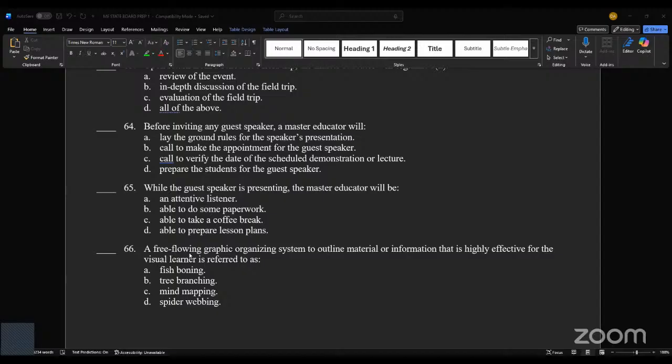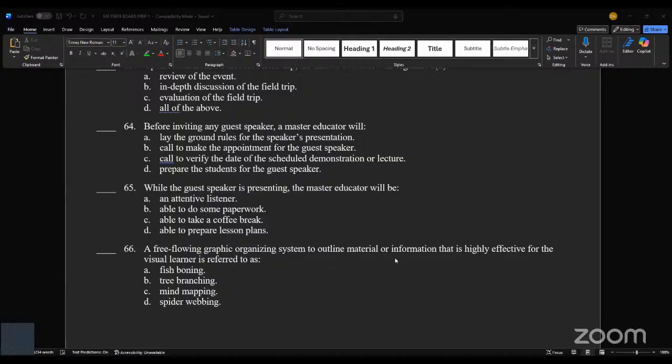66, a free-flowing graphic organizing system to outline material or information that is highly effective for the visual learner is referred to as fishboning, tree branching, mind mapping, or spider webbing. Okay. And this is a graphic organizing system to outline material.